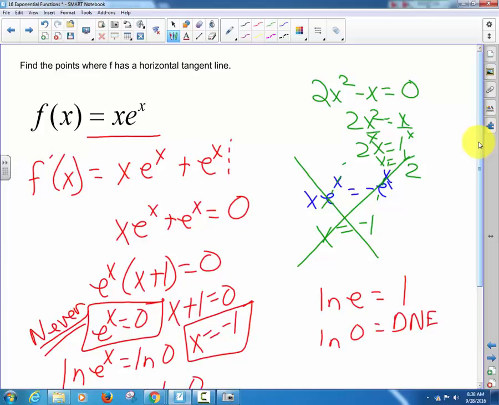So you've got to remember, if you're multiplying, you have to use product. If it's dividing, you're probably going to have to use quotient. You've got to use your chain rule. You've got to use all of them. That's where students get confused here. The best way to overcome that confusion is by doing your homework and getting enough practice. So that's the reason we've had a few more problems to work this time around.